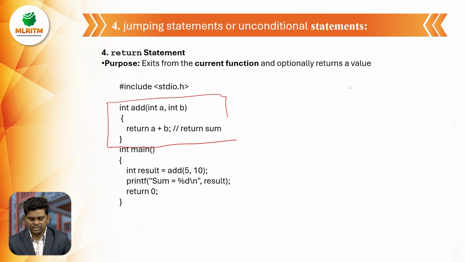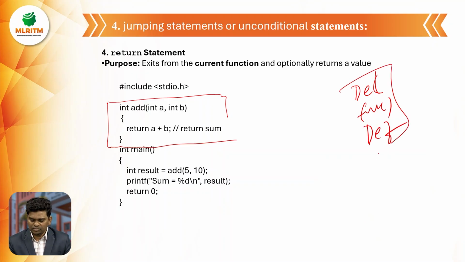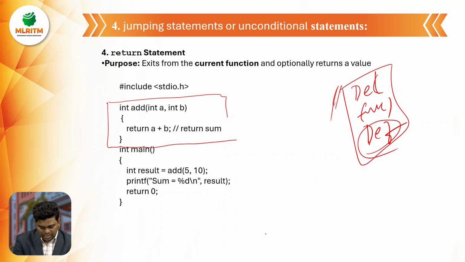Usually we have three elements: function declaration, function call, then function definition. But here there is no declaration because I am defining my function at the start, so declaration of the function is optional.